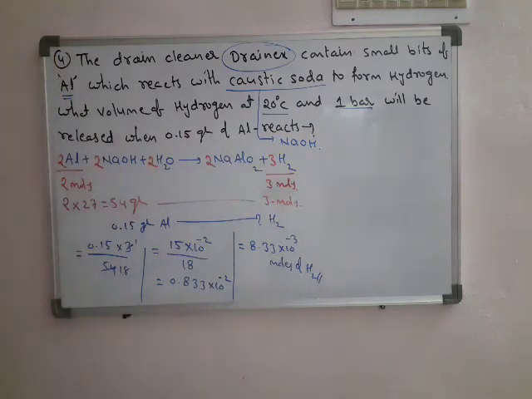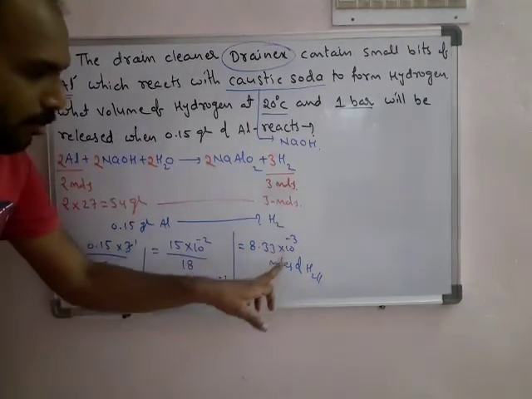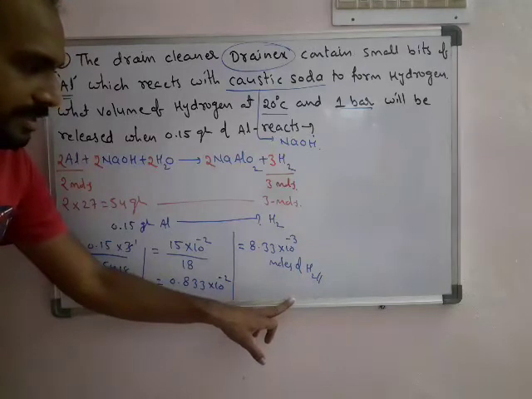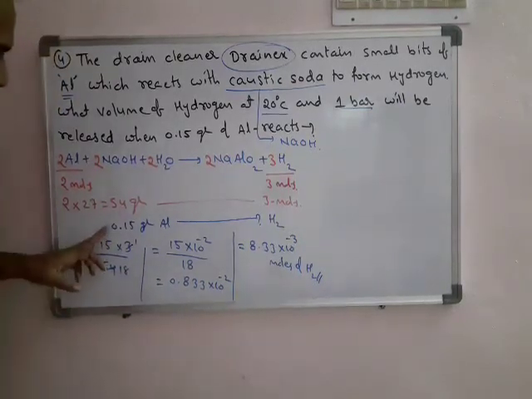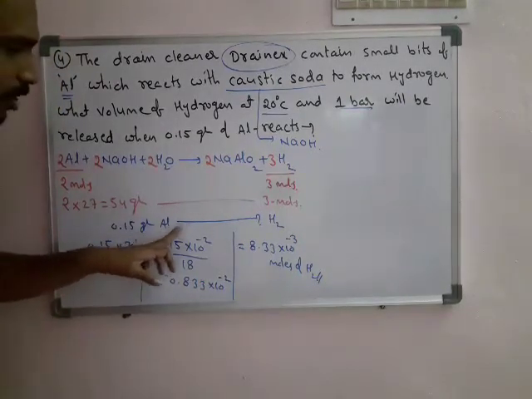But this is not the final answer. 8.33 into 10 power minus 3 moles of hydrogen gas is released when 0.15 gram of aluminum reacts.